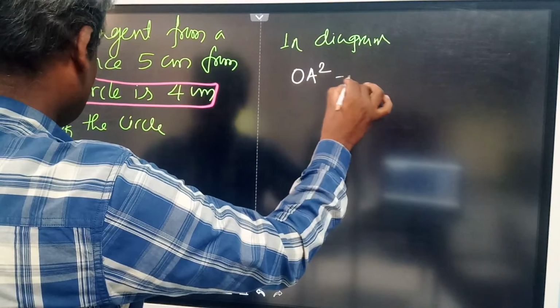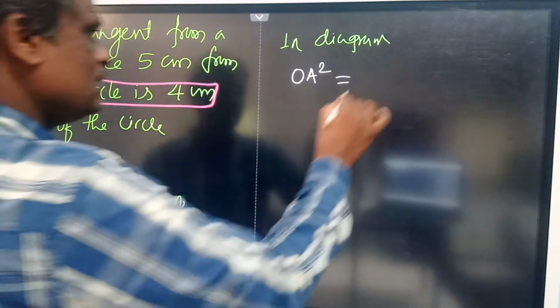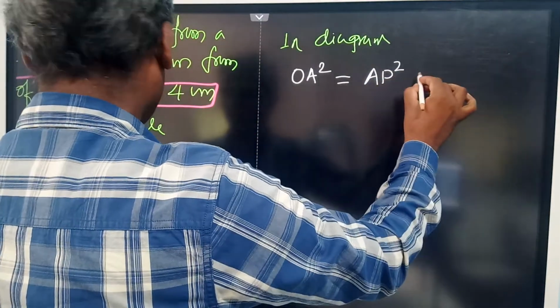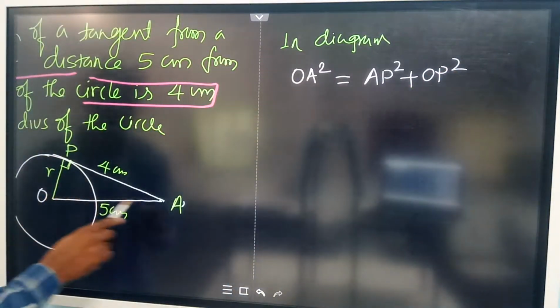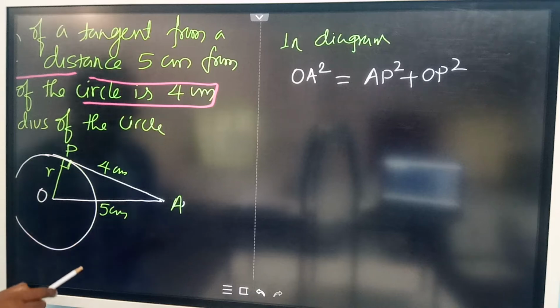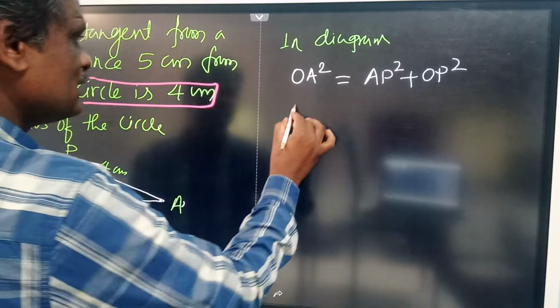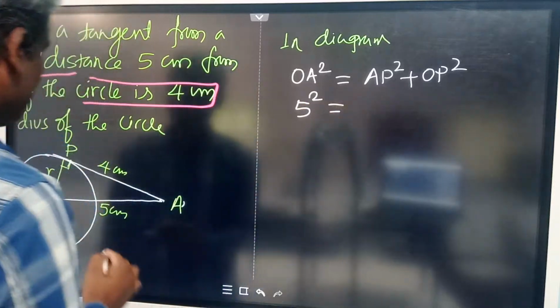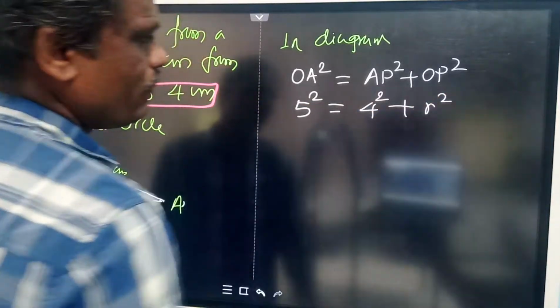OA square is equal to, this is the hypotenuse opposite to the right angle, AP square plus OP square. The square on the hypotenuse is equal to the sum of the squares on the other two sides. OA square is nothing but 5 square, AP square is 4 square, plus radius square.